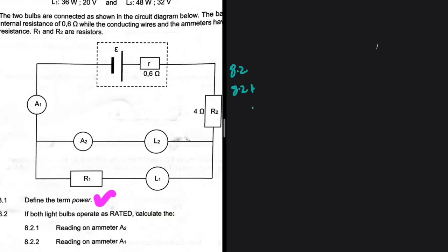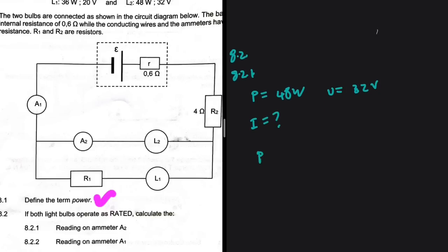So what is the power of L2? It is 48 watts. And then what is the voltage of L2? Voltage dissipated by L2, that is 32 volts. And then what we're looking for, the reading on A2, is the current, right? So with these three variables, how do we calculate the current?